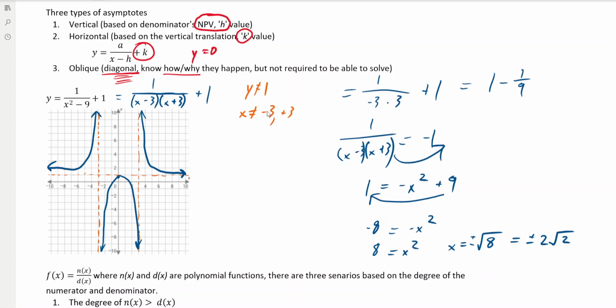So the numbers where y equals 0 are going to be slightly wider.